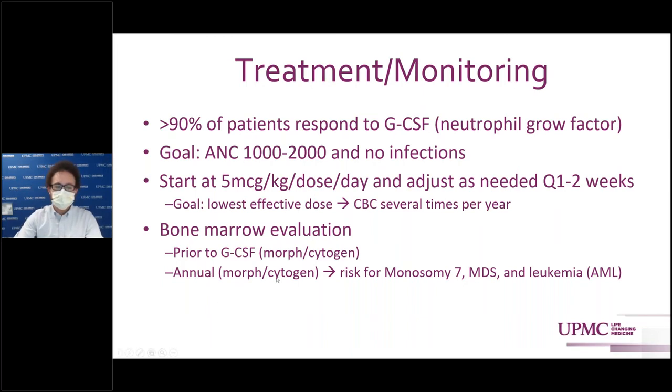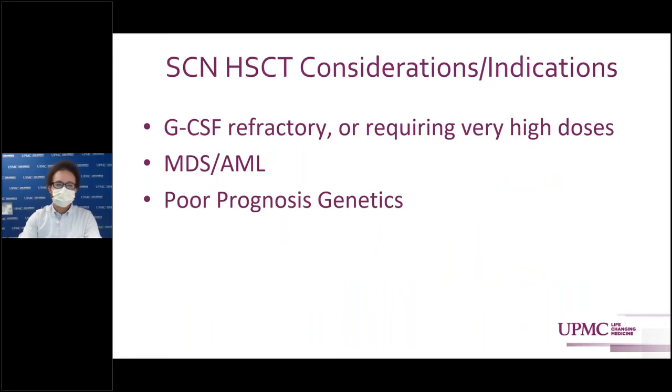And then if possible, we recommend doing annual bone marrows because these kids, in addition to just having a low neutrophil count, are also at risk of developing other malignancies and other changes like that.